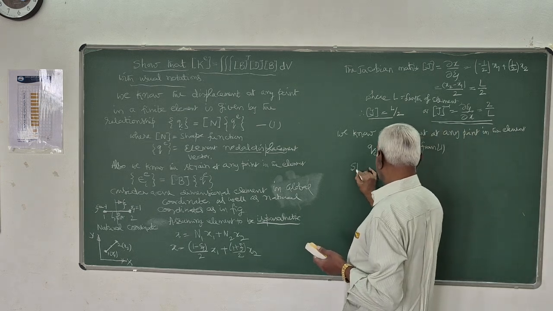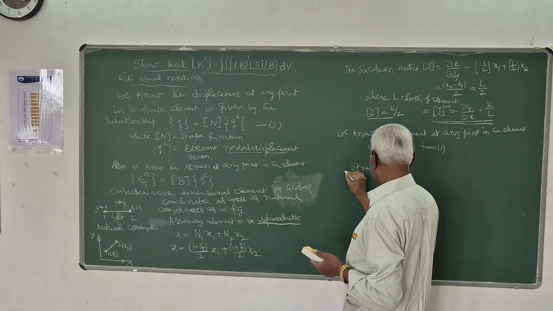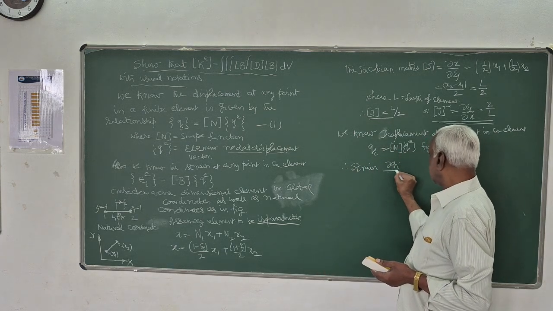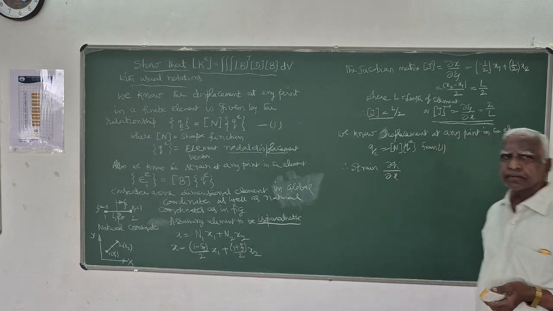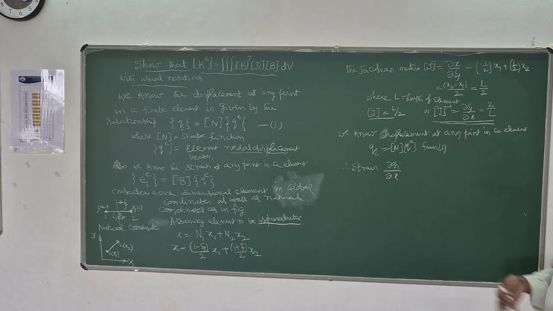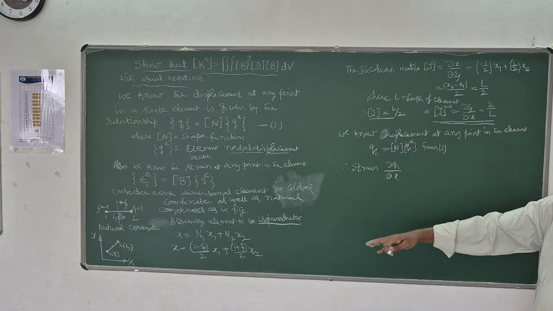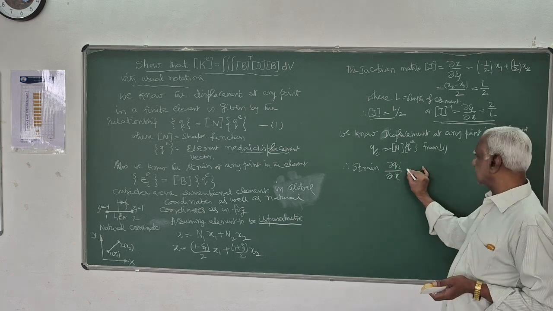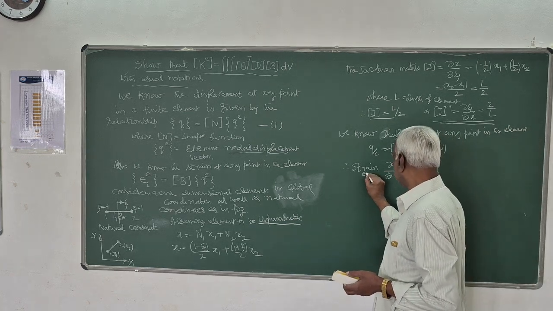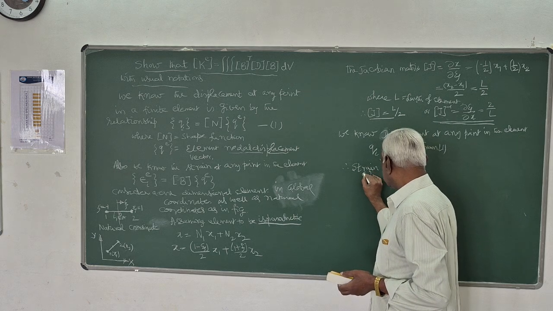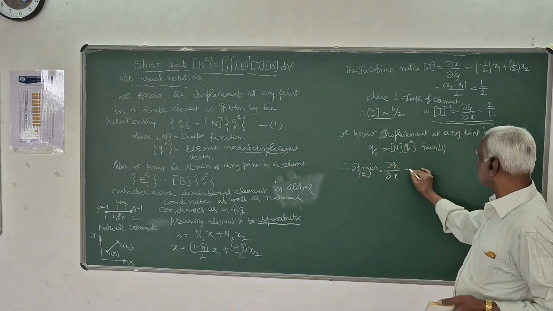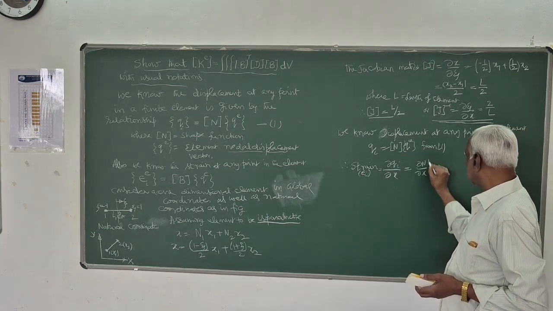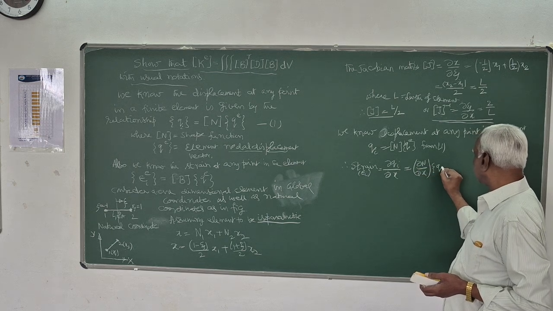Therefore, strain is equal to d q i by dx. That is, the first derivative of displacement is called strain in the case of a one-dimensional element. In this relationship, strain epsilon i is given by this, which is nothing but dN by dx times Q e.